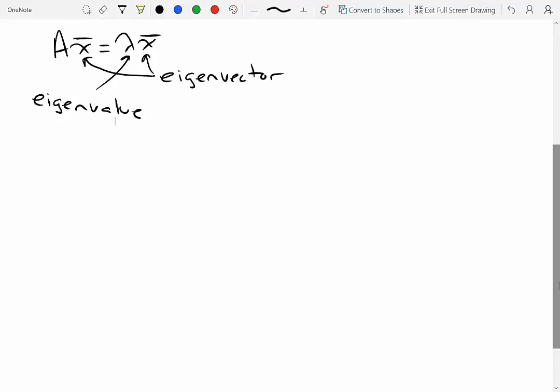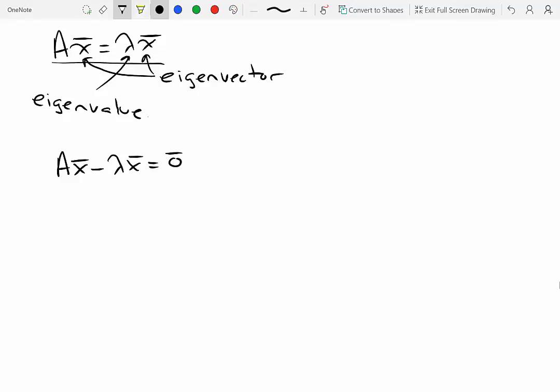So if I was to just do some math, Ax equal to lambda x, I could say that what would have to be the case is that A times x minus lambda x would have to be equal to the 0 vector. And then both of those have x's on the right side, so I could factor out an x on the right side, which would be A minus lambda.